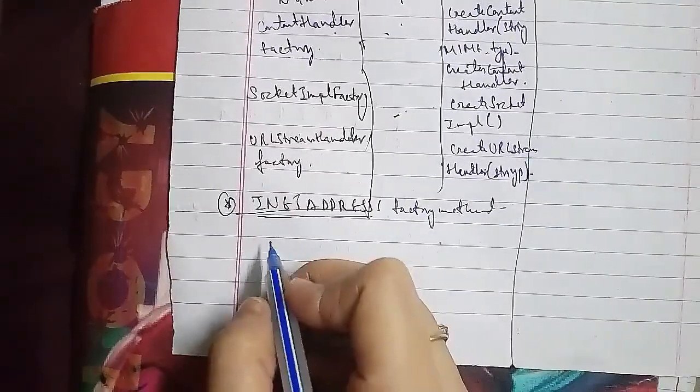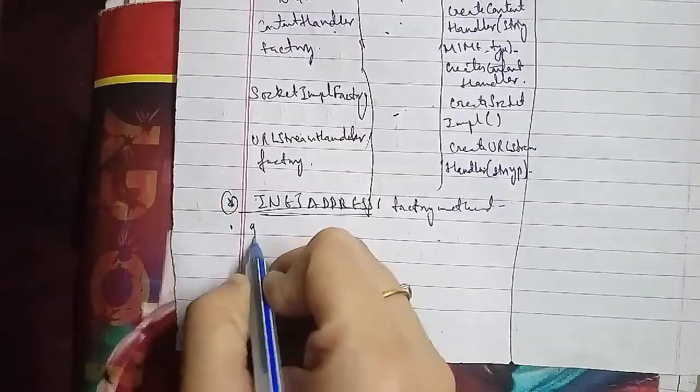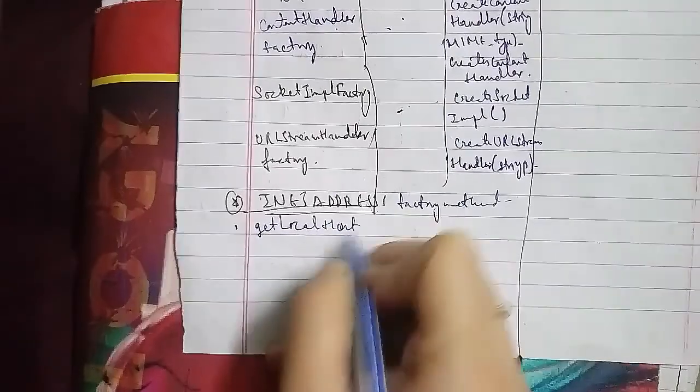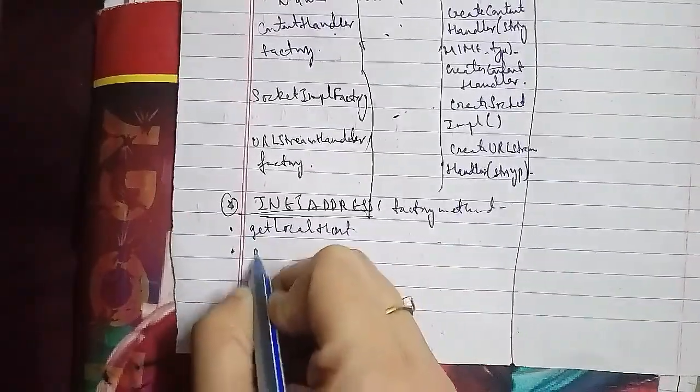Taking the reference of getLocalHost, we will write it, and for that you will have to write it out. Import java.net.